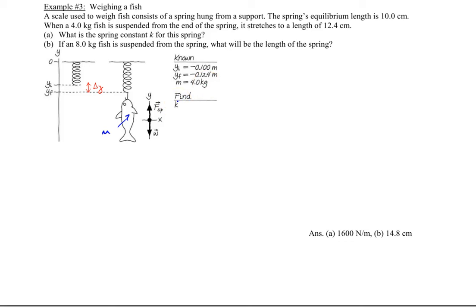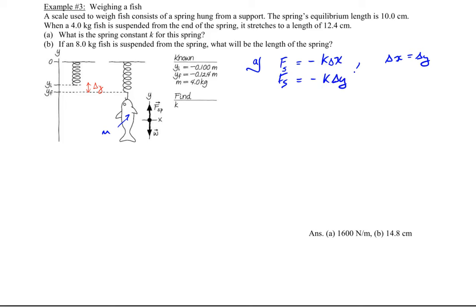Okay, so there's a couple ways to approach it. Now, Hooke's law, if you want to use it in the true form, you could just simply write F sub x equals negative k times x. Or you could write a delta x. Or in this case, since we're going in a vertical nature, you may want to replace delta x with delta y. So really you could say the spring force is equal to negative k times delta y.